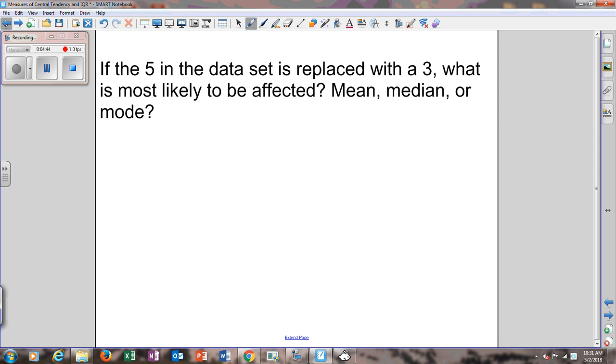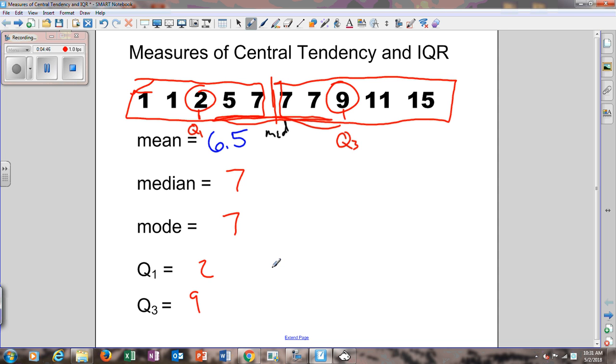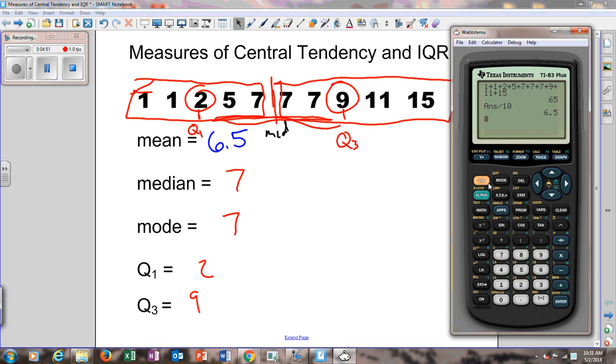Now, there is a more effective way to do this, especially when we have larger data sets. So if I bring up my calculator and I go to Stat, then the screen comes up and you go Enter on Edit. Now you have an entire list.